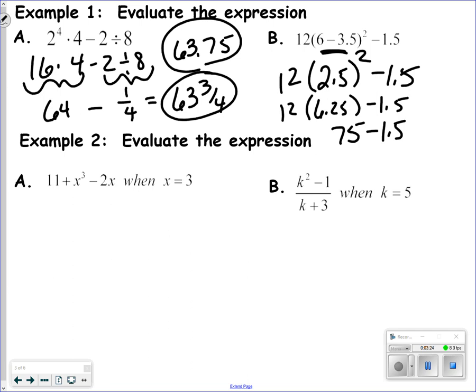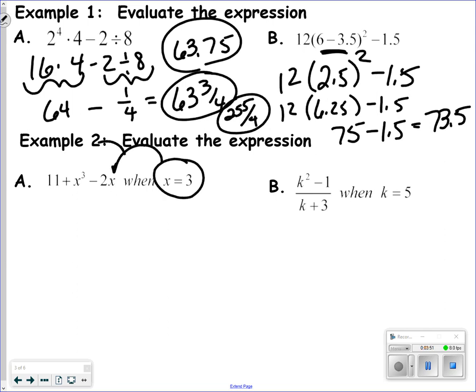You're going to multiply. And the last you would do is subtract. So 75 minus 1.5 is 73.5. And I was going to do the last one as an improper fraction. It's 255 fourths.